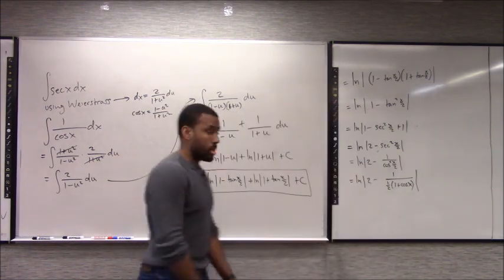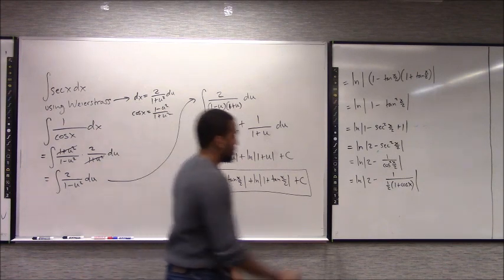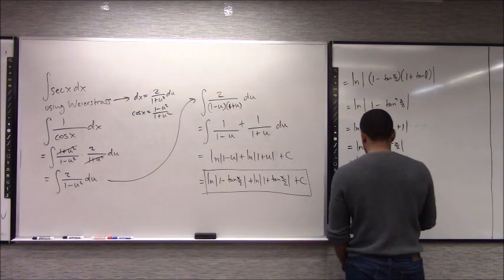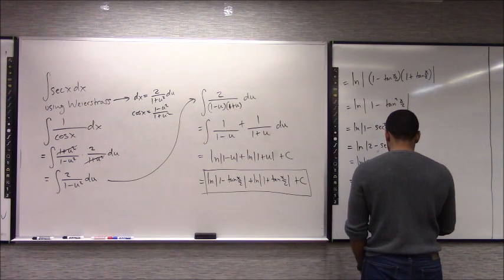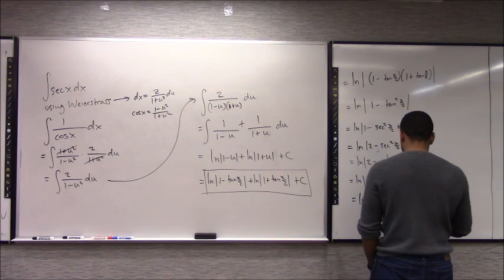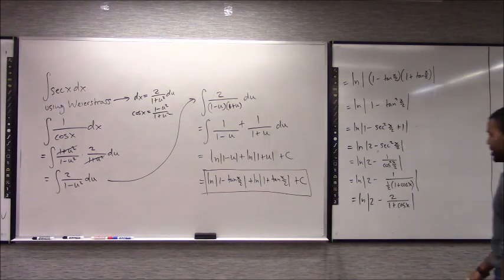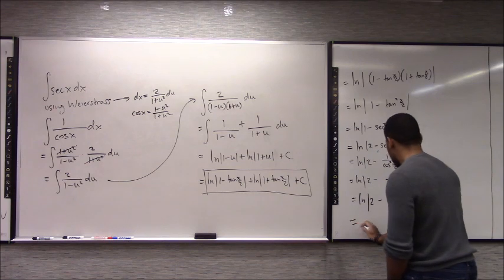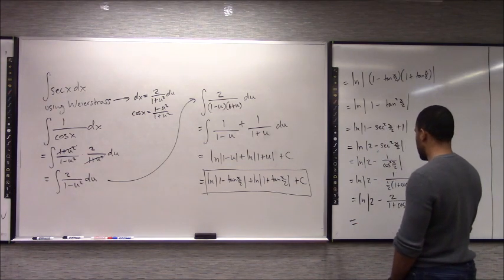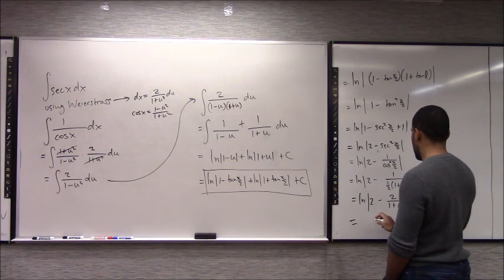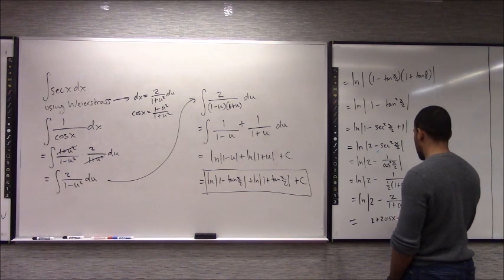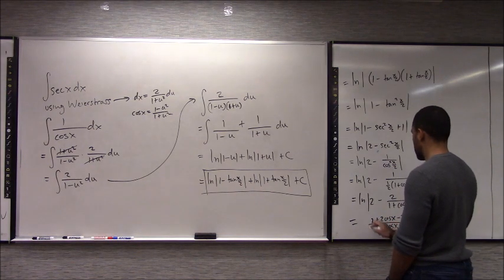So now we get the angle to be x. There are nicer ways to do this, but I think this one is going to work out anyway. Let's just keep running with that. We can combine these. So this is going to be 2 plus 2 cosine x minus 2 over 1 plus cosine x.